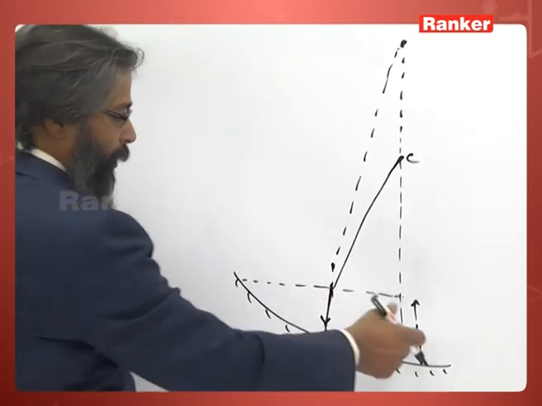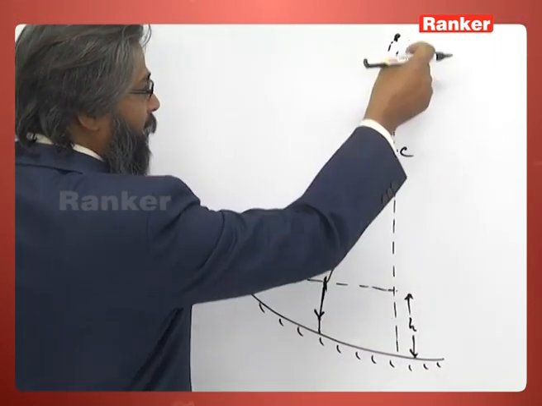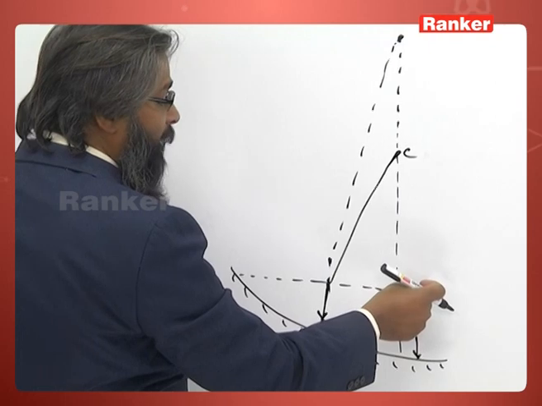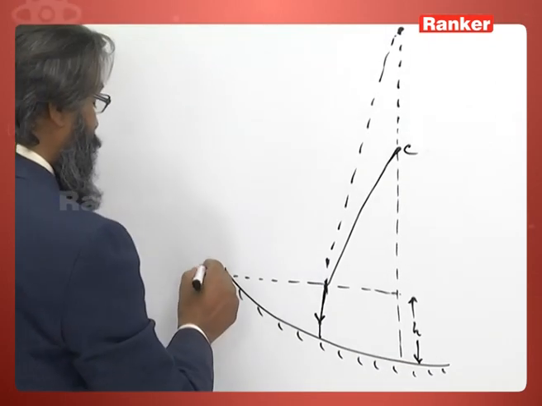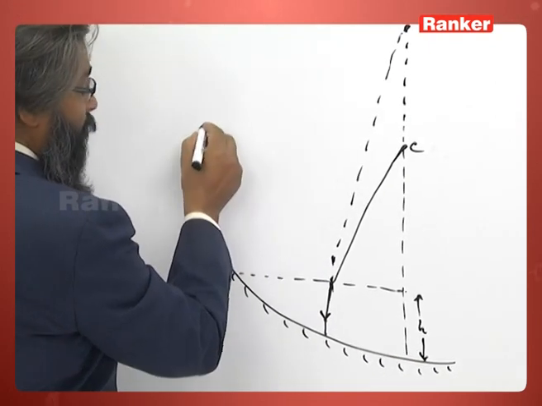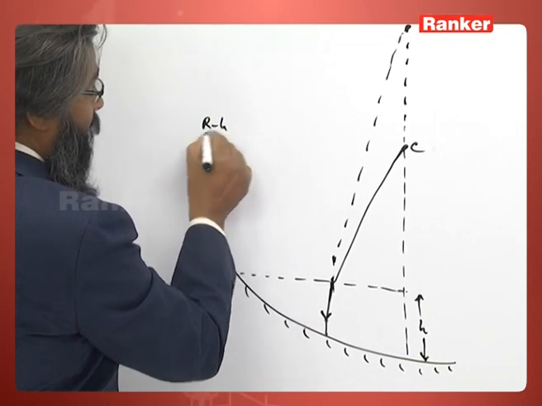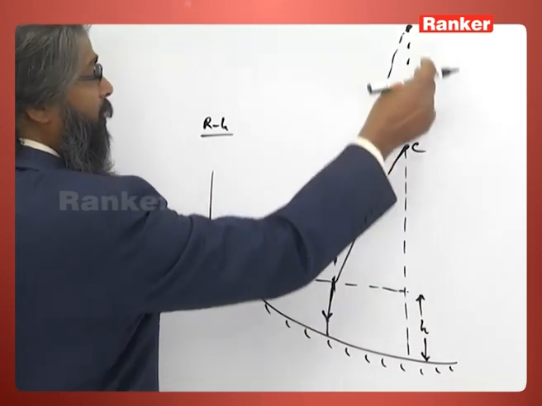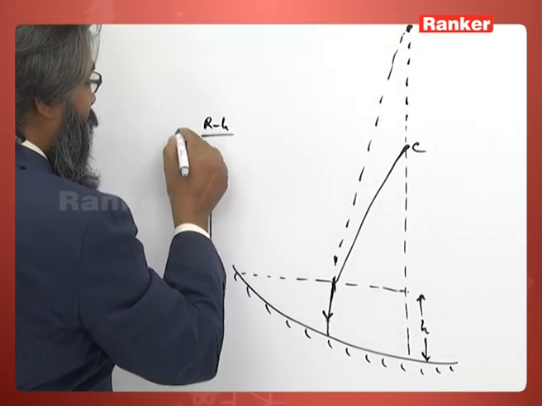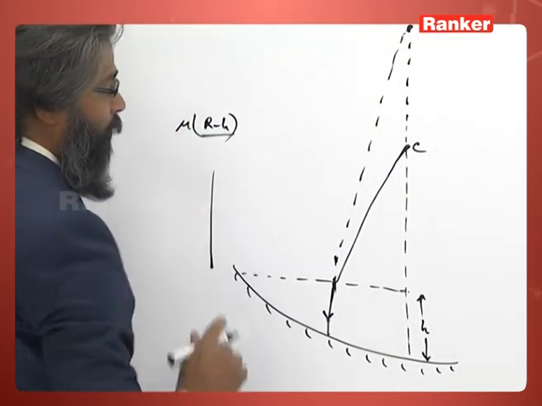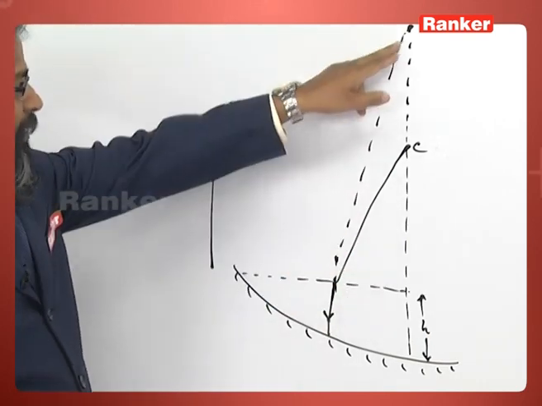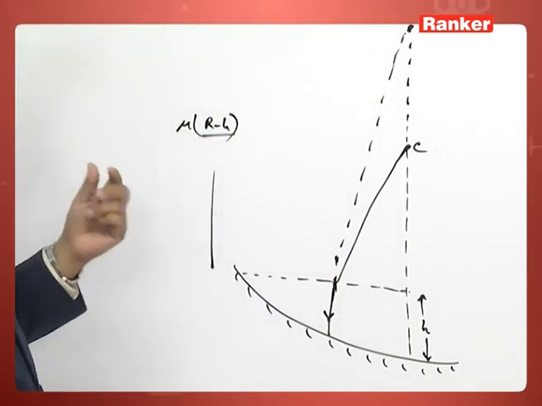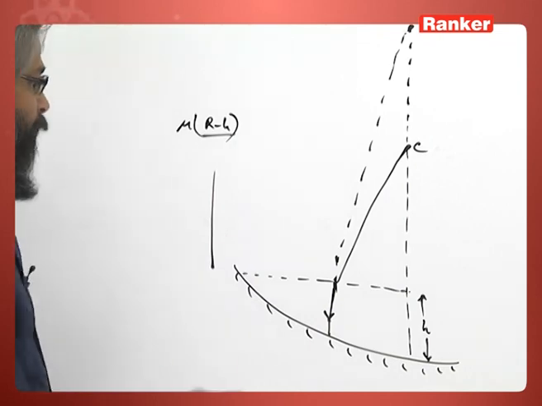Now suppose this is h, so from here to here the distance is r minus h. So this distance becomes (r minus h) into mu. This is the distance from this. We are going to neglect this h; we will neglect it later on.